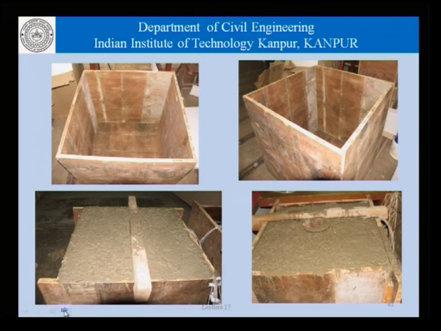This shows the formwork for the blocks made of plywood, and this shows the concrete that has been cast, and this here is the representation of the sleeve which was later used for running of water pipes.